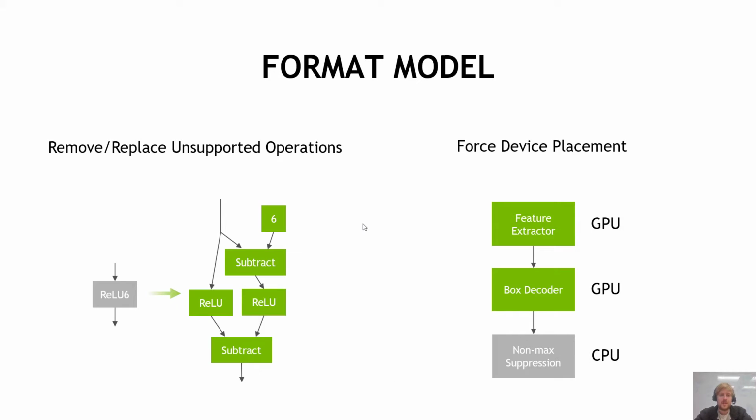One of the operations that the model formatting scripts perform is replacing the unsupported ReLU 6 operation with a combination of other operations that are supported natively by TensorRT. By doing this, we can create a larger subsection of the graph that is supported by TensorRT, reducing the number of engines that we need to create. Also, we notice that some of the operations in the post-processing steps of the object detection model run on the CPU while others run on the GPU.